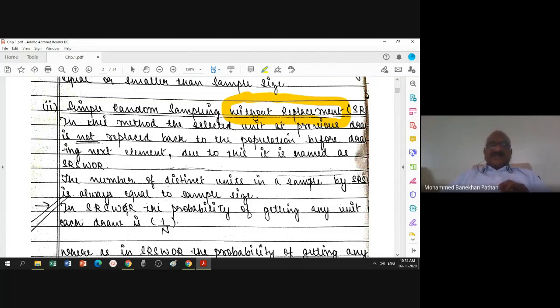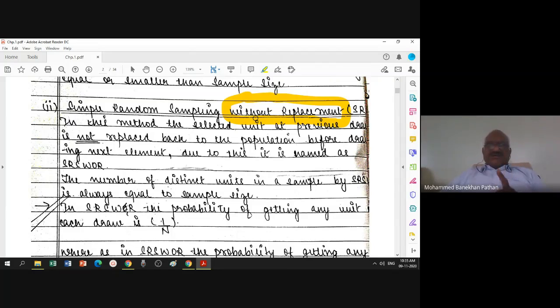Second difference, under without replacement, each and every item is distinct, no repetition. Whereas with replacement, the number of distinct items is less than your sample size.